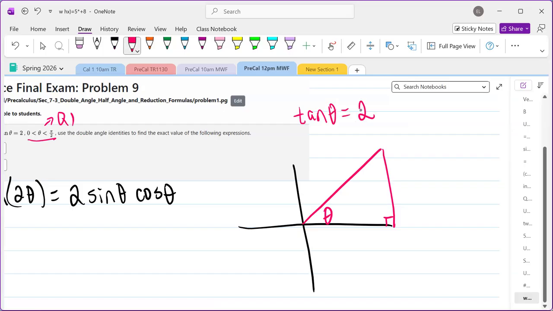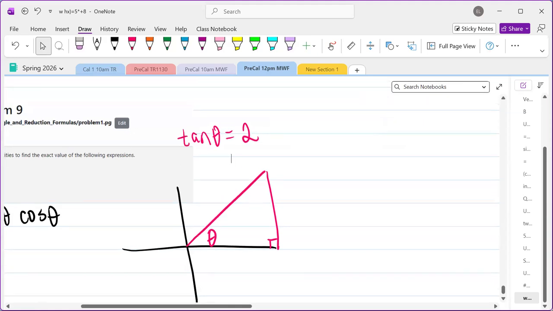Now they told me tangent of theta is 2. But I've got my right triangle drawn. And since it's a right triangle, my right triangle trigonometry can come into play. So I need to label my sides.